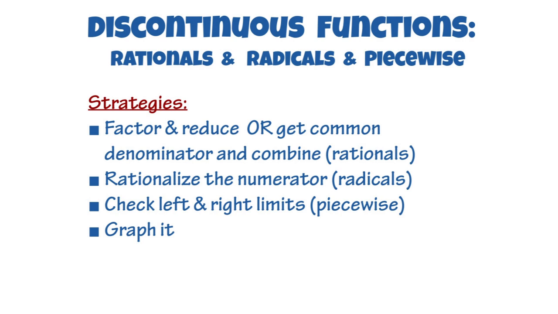All right, and then another type of discontinuous function would be that piecewise function that sort of has some sort of a jump in it somewhere. It's pieces of different functions put together. In that scenario, you want to check your left-sided limit and your right-sided limit on those. All right, if none of these work, okay, then we might have to go back to the graph or the table or something.